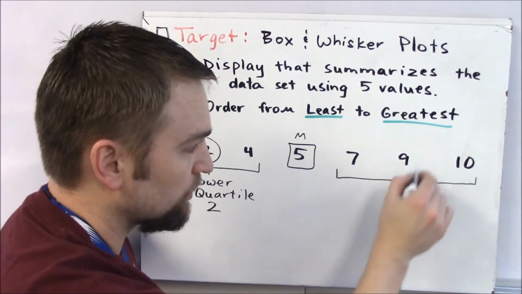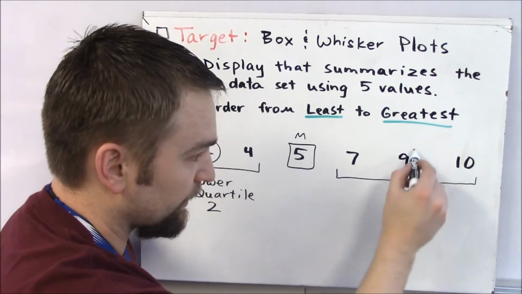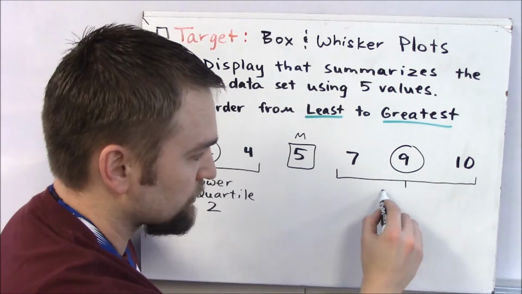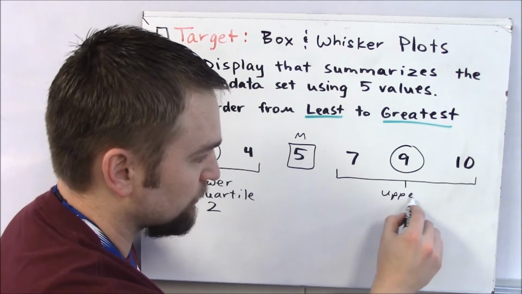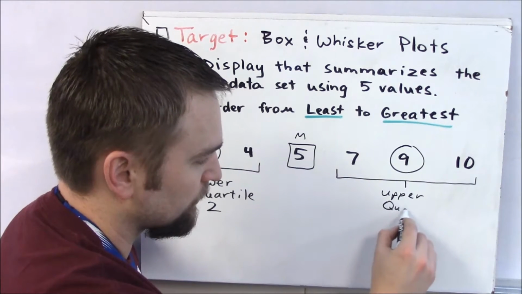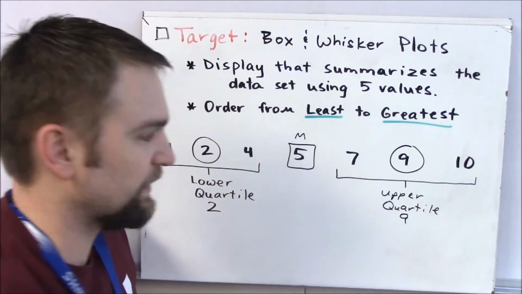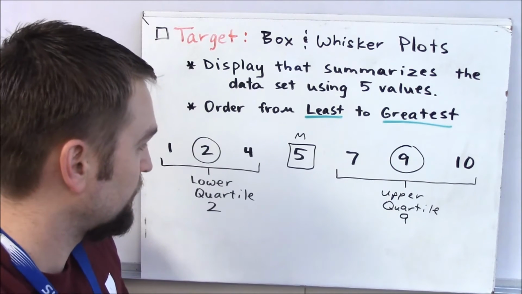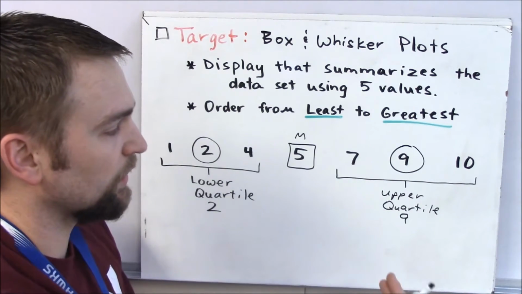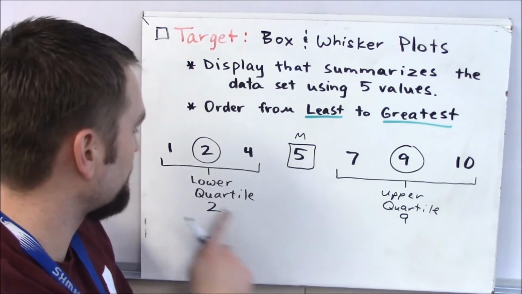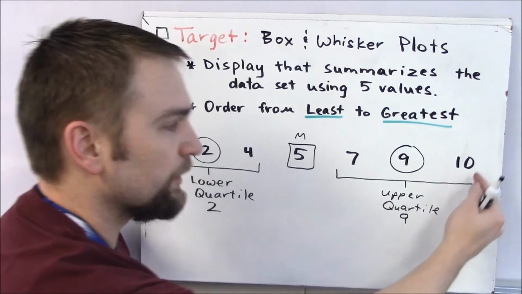The middle, or median, of this data is 9. So the upper quartile is 9. Another good piece of information to remember is our low and our high.